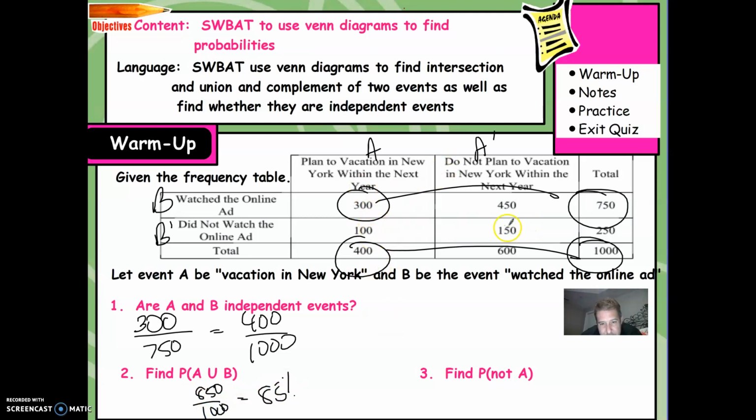It's basically everything except for this marginal data, because these two categories are in A, these two categories are in B, but don't count this one twice. The only one that's not included is the 150. Find the probability of not being an A. Well, that would be 600 out of 1,000, which is 60%.